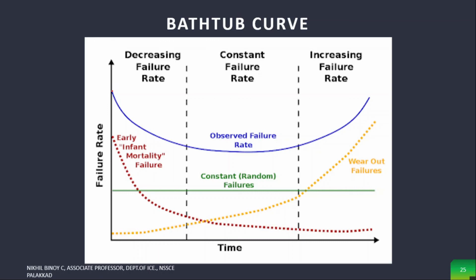Please note, we can split the bathtub curve into three: an exponentially or linearly decreasing one, a constant one, and an exponentially or linearly increasing one. So three different parts are there. Is it okay? We can utilize this concept in the second module. For the time being, this one is the bathtub curve. Is it okay, all of you?